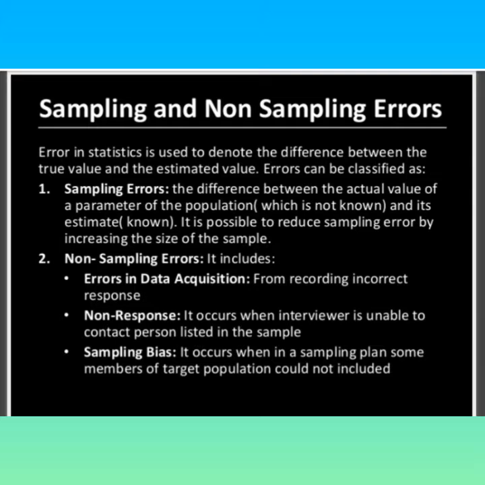On the other hand, non-sampling errors are those errors that occur due to factors other than wrong sample selection. Non-sampling errors are those that creep in due to human factors such as errors in data acquisition, non-response errors, and sampling bias.